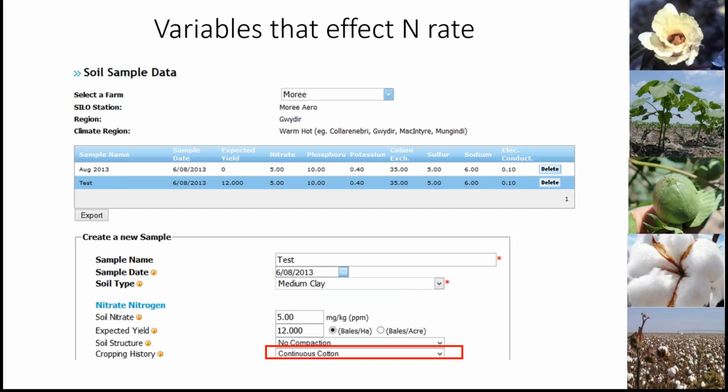So there's cropping history, so it's the rotation as to what crops were grown previously that might affect either one, the structure of the soil, in other words, cereals versus legumes versus cotton, and the nitrogen contribution from the residues of those crops that were grown previously, either being cereals or legumes.